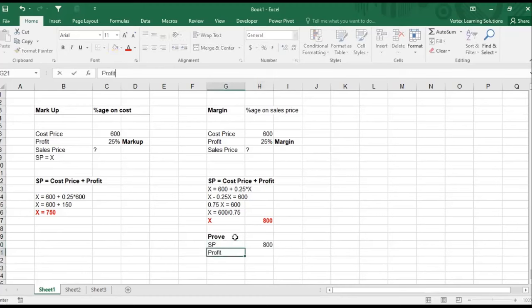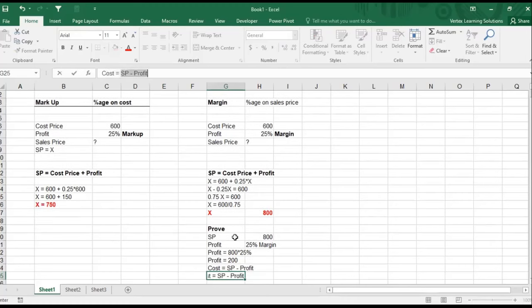My profit is 25% margin, so profit is equal to 800 times 25%, which means profit is equal to 200. If profit is 200, then cost is equal to selling price minus profit, so cost is 800 minus 200, which is equal to 600.